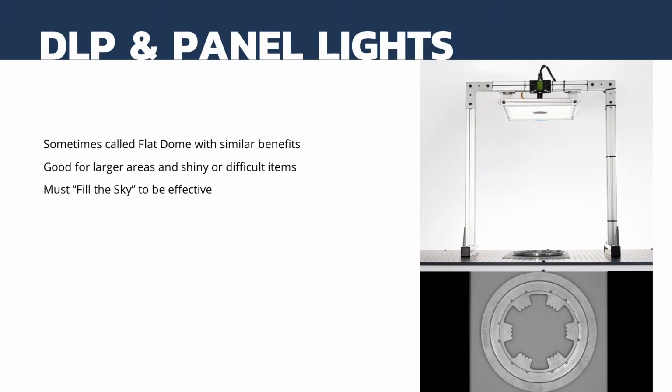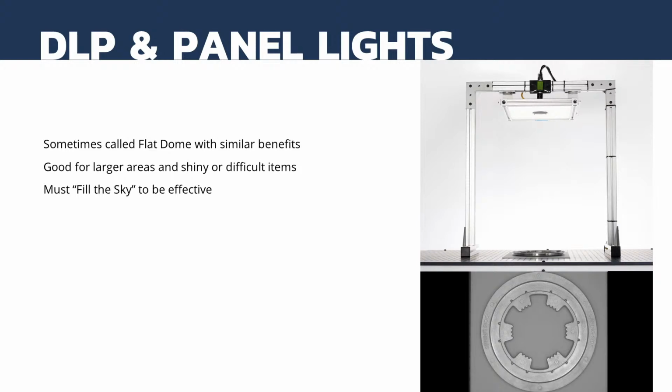And that's because not only does the light have to be big in terms of the width or the diameter, but unlike a ring light, as we cover those big areas, we have to fill the light back into the middle. So a super big ring light wouldn't give as even, uniform illumination in the middle of the lighting area. So this is where we start using DLP or panel lights.